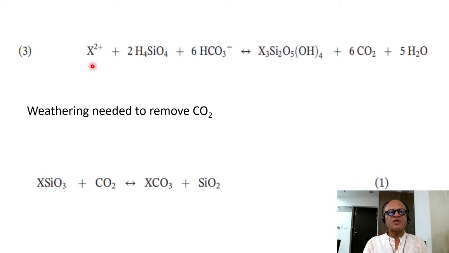This is the reverse weathering equation where you are again taking divalent cations combining with the weathered product of the silicate rock, and this is the carbonate alkalinity which is being used up in this reverse weathering reaction to produce what is called clay authigenesis or in situ recrystallization.